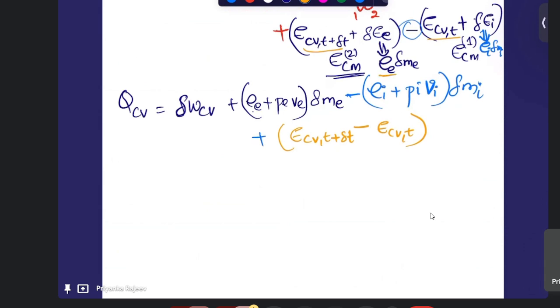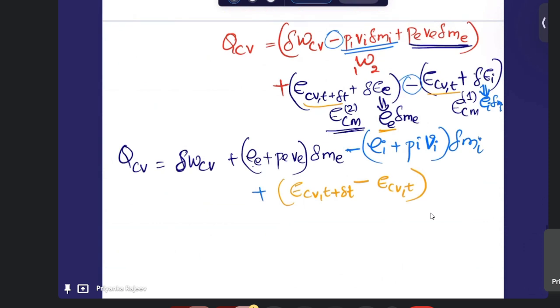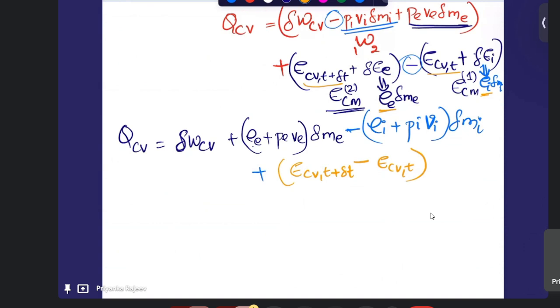Now this EE and EI I can expand. So that will be internal energy plus kinetic energy plus potential energy.